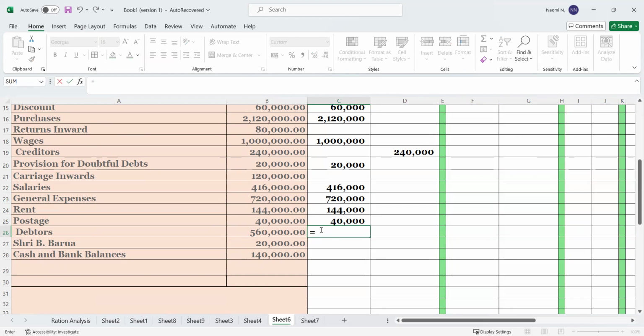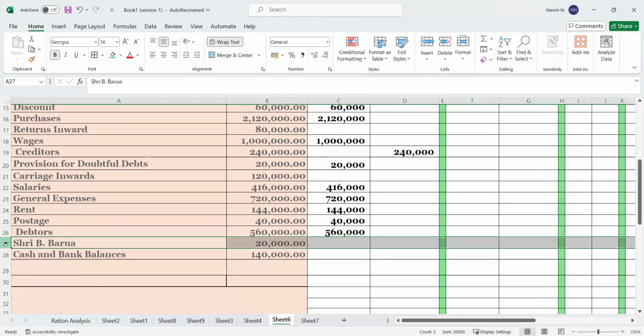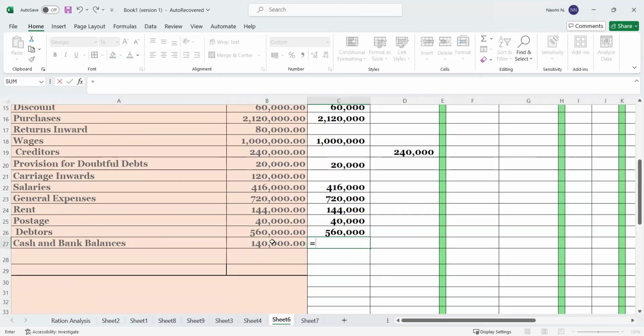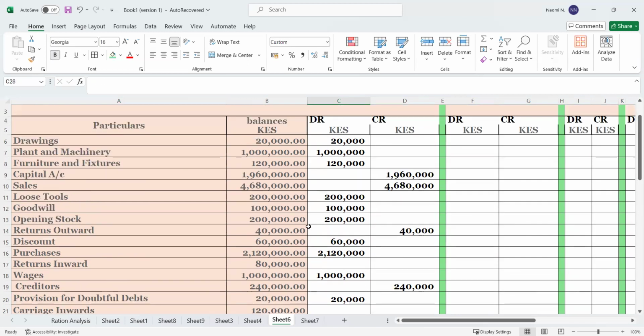Then what is this? A debtor is a debit entry. I think this ought not to be here. This is something I try to eliminate. Cash and cash equivalents, that is current. Is it current? Current asset. Okay. So we go back to return inwards.